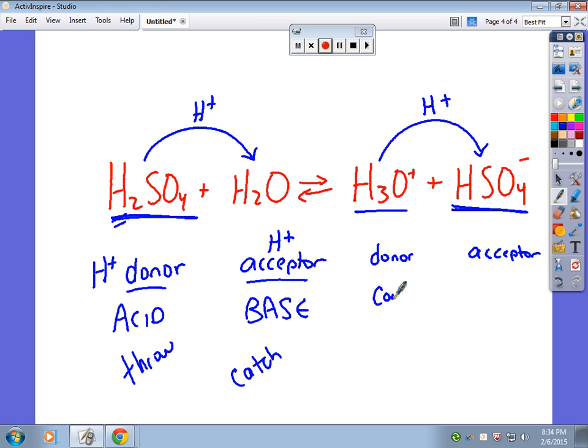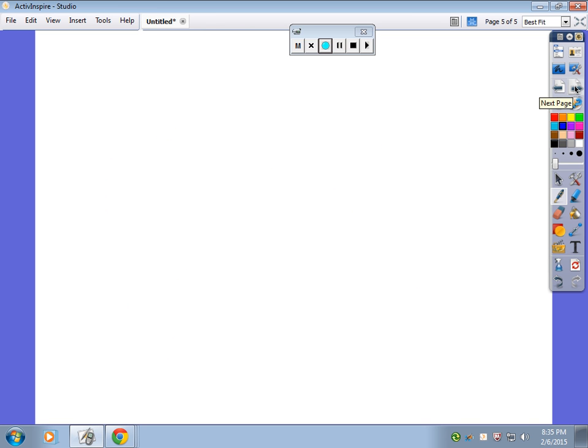These are called the conjugate. The conjugate what? Well, if this is a hydrogen donor, it's a conjugate acid. And this is the hydrogen acceptor, it's the conjugate base. Okay? All right. You try C, and then you're going to go ahead and pause this, and then turn it on, and try it.